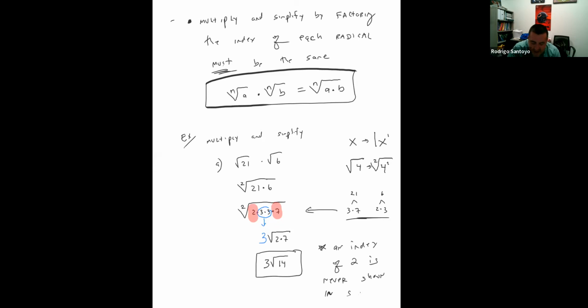An index of 2 is never shown in the solution because when there is no index, it implies it's 2. The only reason we put that there is to help us understand that we have to circle in groups of 2s. We just put that there to help us. Oh, I have to circle in groups of 2s, but in the final answer, we won't show that. Because if you show the 2, it's going to say it's wrong.